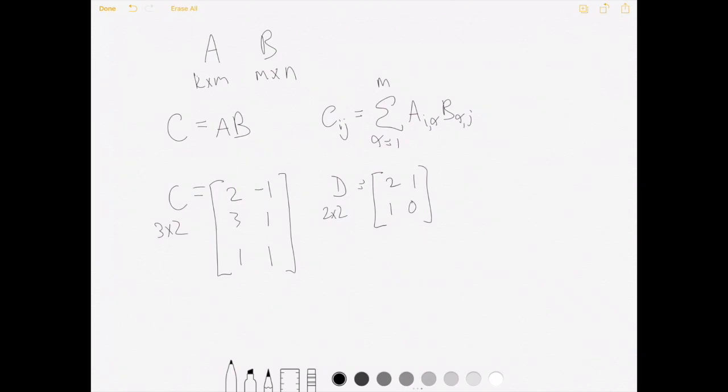All right, so let's just move D over a little bit, and we'll write that there.